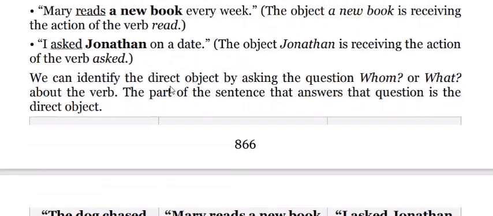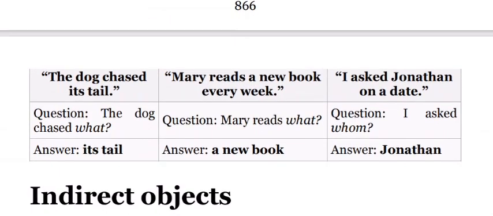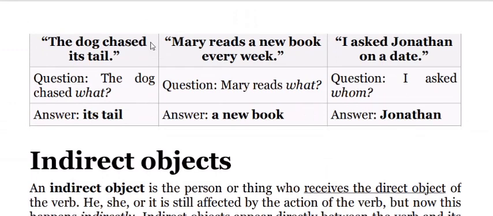Now we can identify the direct object by asking the question whom or what about the verb. The part of the sentence that answers that question is the direct object. Now we will see further examples. The dog chased its tail.